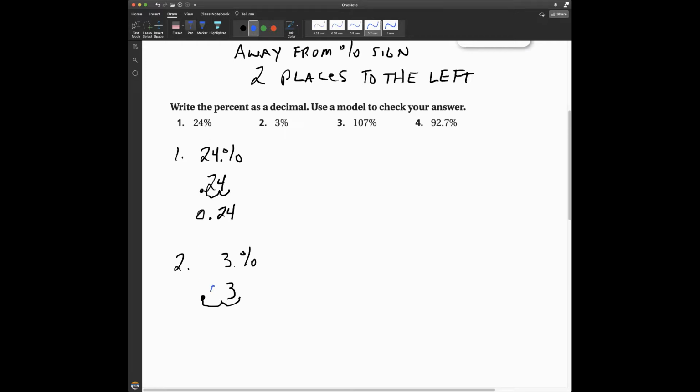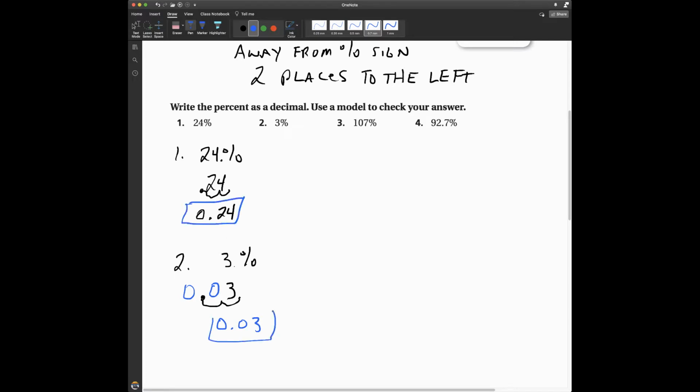Very good, I fill it with a 0. And then I'll put another 0 in front. If there's no number to the left of the decimal point, put a 0 there. So 3% is the same as 0 and 3 hundredths.